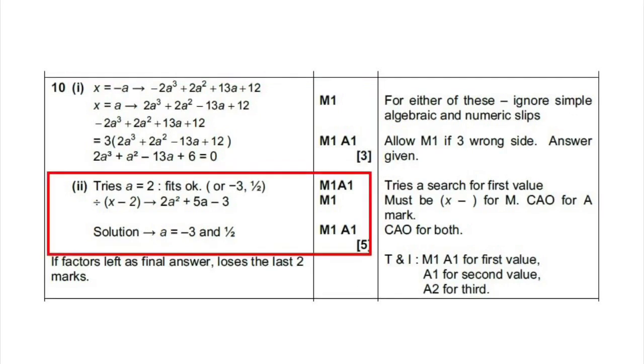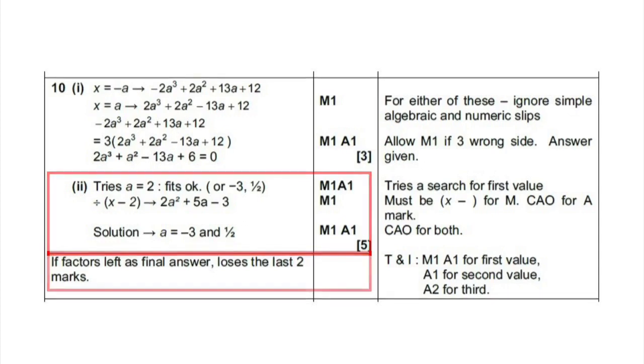And on the second question, a try of at least one of the roots. Then divide. You can do the long division or synthetic division, by the way, by x minus the root. We'll come up with an answer and get another mark, and then getting the 2 other solutions will give you another 2 marks.